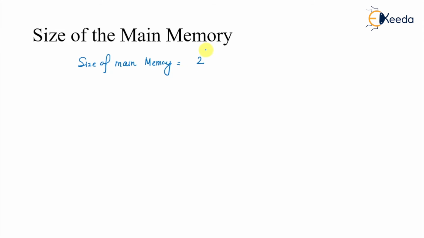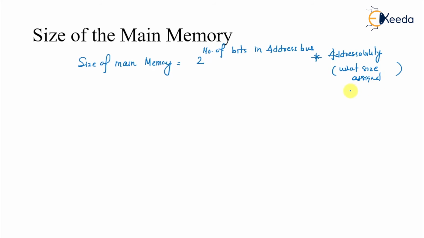Two to the power of the number of bits, multiplied by addressability, that means the size assigned to 1 address. So this is the size of the memory.